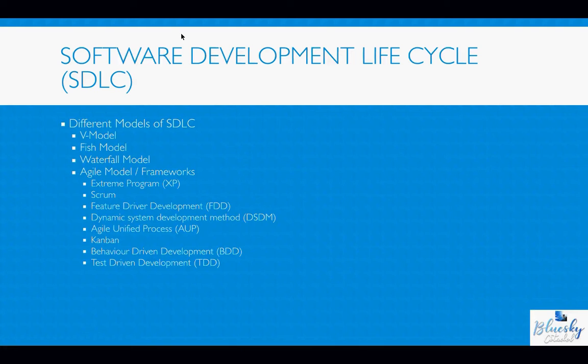Different models in the software lifecycle that we have are the V model, the fish model, the waterfall model, and also agile. Last time I discussed briefly the V model and waterfall model. In an agile framework, you have SAFe, Scrum, and all those ones listed here. But I'm not going to be discussing agile right now.